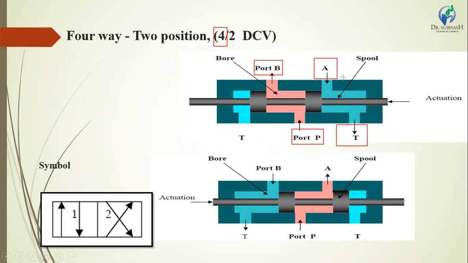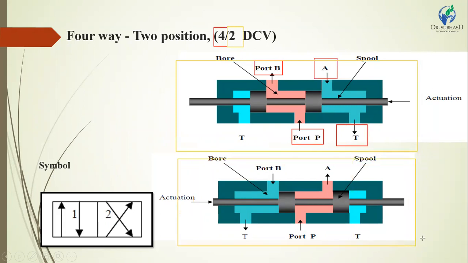The number of ports is 4. And the meaning of 2 is that position 1 and position 2 are possible. Two positions are possible for this 4 by 2 direction control valve.